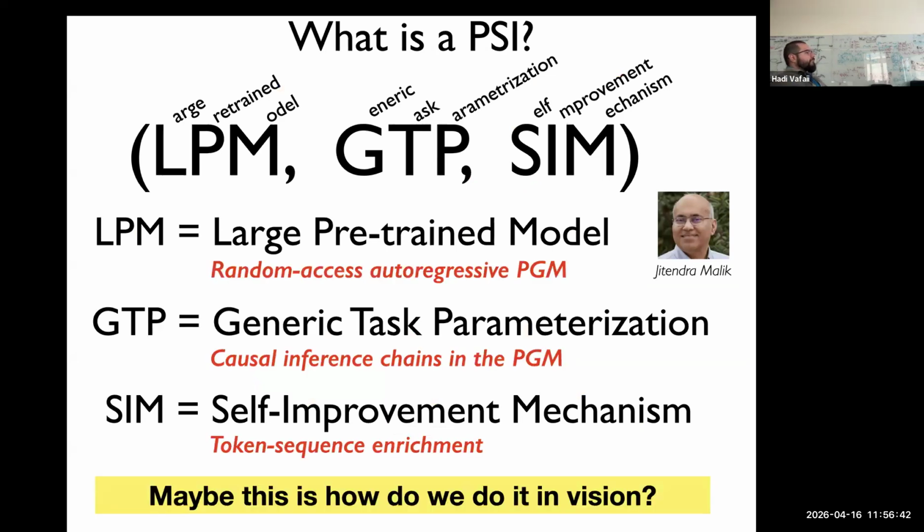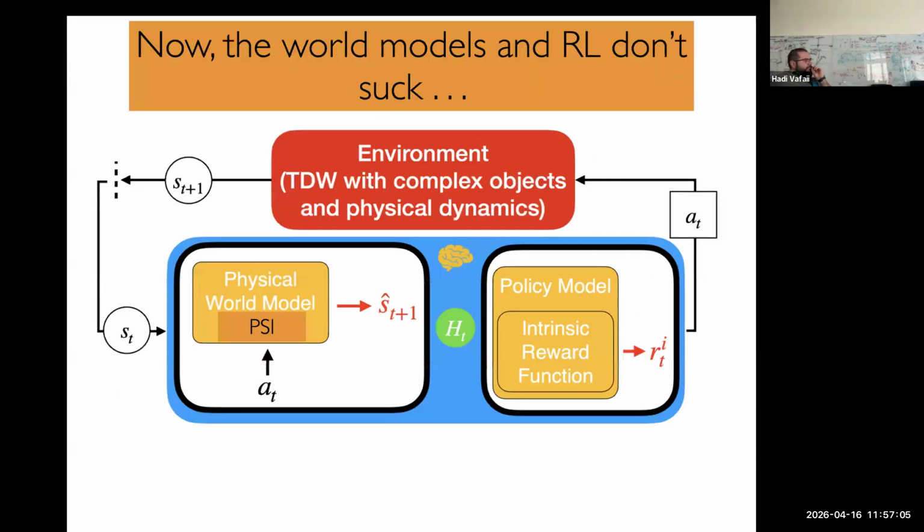And then what's the generic task parameterization? It's basically inference chains, causal inference chains in that model. And finally, the self-improvement mechanism is just token sequence enrichment. It's a very simple concept. There's a generic parameterization of causal inferences, and the outputs of the causal inferences generate tokens that you use to self-improve. Maybe this is how we do this more generically when you don't have good tokens.